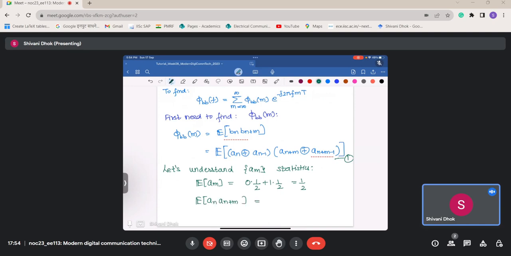I can write it in two ways: expectation of An square for m equal to 0, and expectation of An into expectation of An plus m for m not equal to 0. First one is for m equal to 0 and next one is for m not equal to 0.